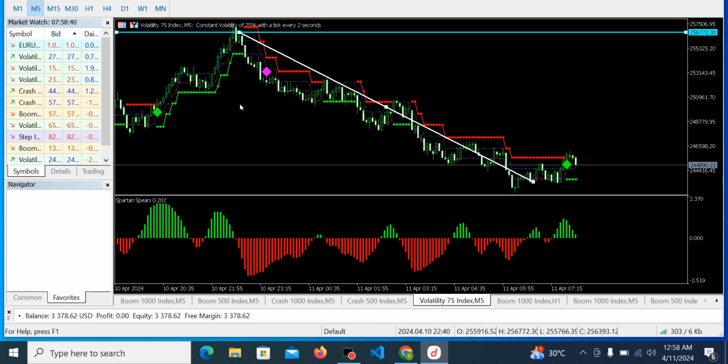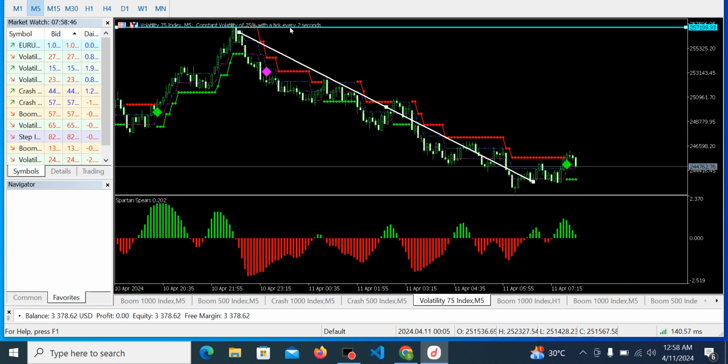First, let's identify the trend. At the top here we already know that this is at the resistance zone, and there are two things that can happen right there. It is either there is a breakout above the resistance zone, or probably it goes straight into a downtrend. But the number one thing I always tell us to have at the back of our mind is that it should change the direction of the trend.